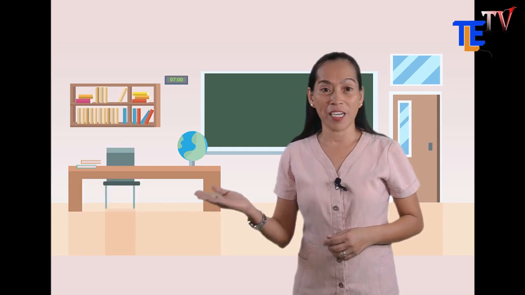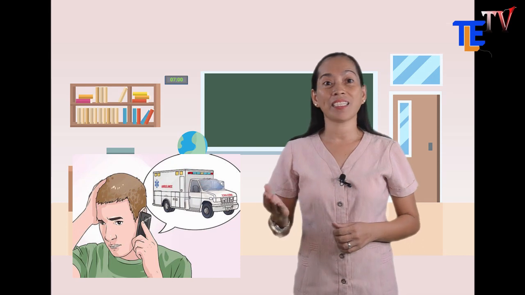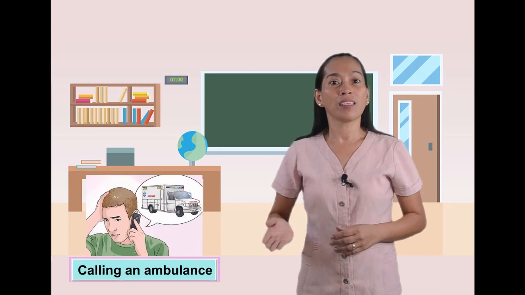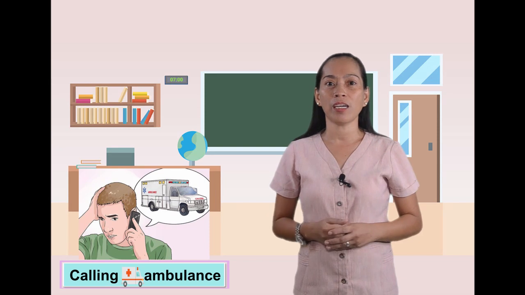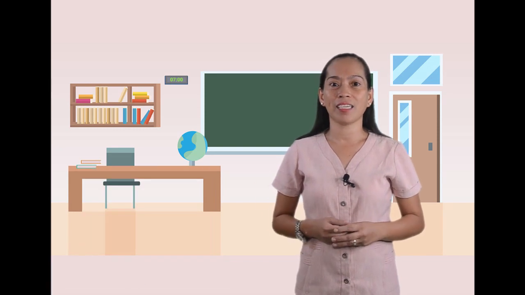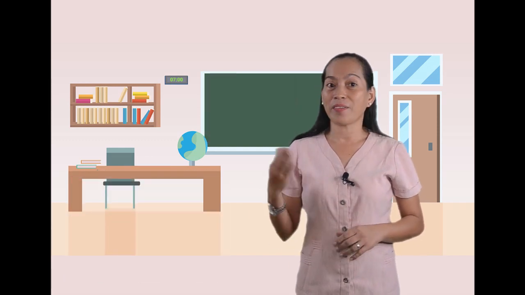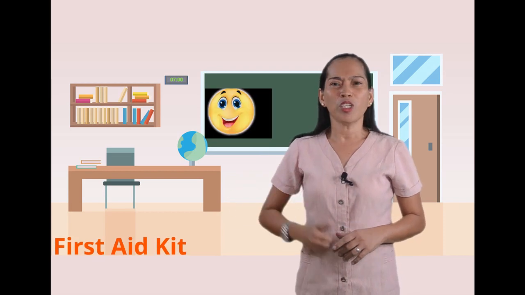Are you ready for the next picture? Here it is. What does this picture show? You got it right. This picture shows calling an ambulance. And for our last picture, check this out. What do you think it is? Perfect! This picture shows a first aid kit. You did a great job.